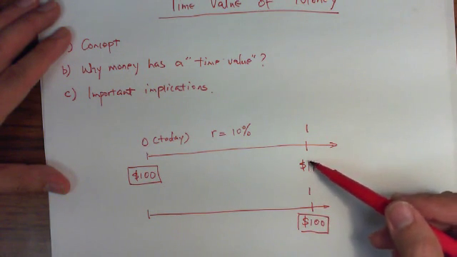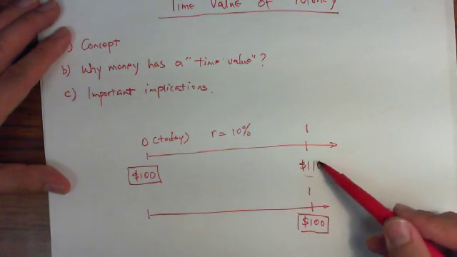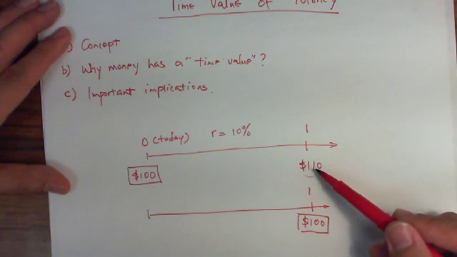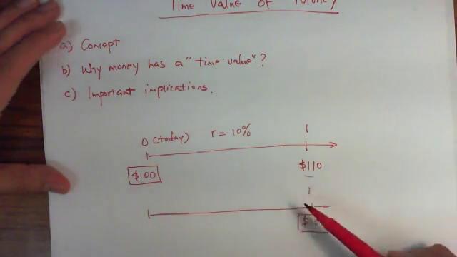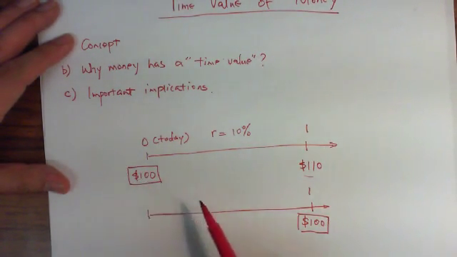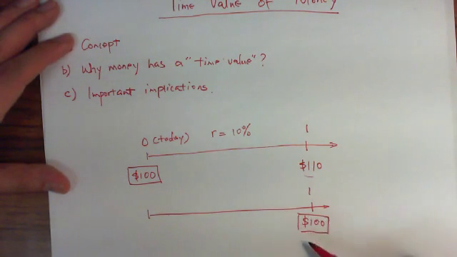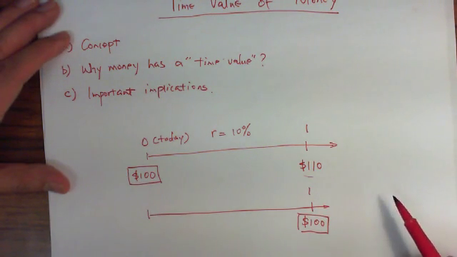Now we know this 110 is more than $100 at the end of the period. And since this $110 is the same as the $100 at the beginning of the period, we can reach the conclusion that the 100 today is more valuable than the $100 in the future. By the same reasoning, the $100 at the end of year one is worth less than the $100 today. So that's the important implication.